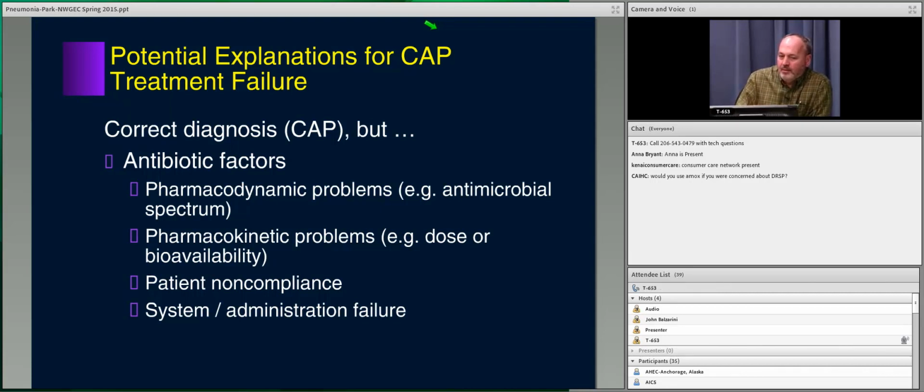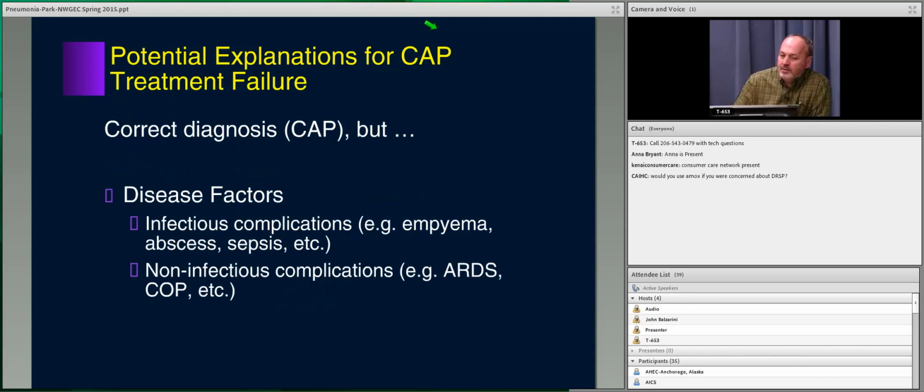Maybe it's a different antibiotic factor. Pharmacodynamic problems: does it cover the bug that it should? Pharmacokinetic problems: are you giving the right dose, or is it bioavailable, particularly in oral treatment? Is the patient non-compliant or non-adherent? And is there some kind of system administration failure? You thought you ordered it, you didn't. You ordered it, it didn't get through. The patient's not getting it.